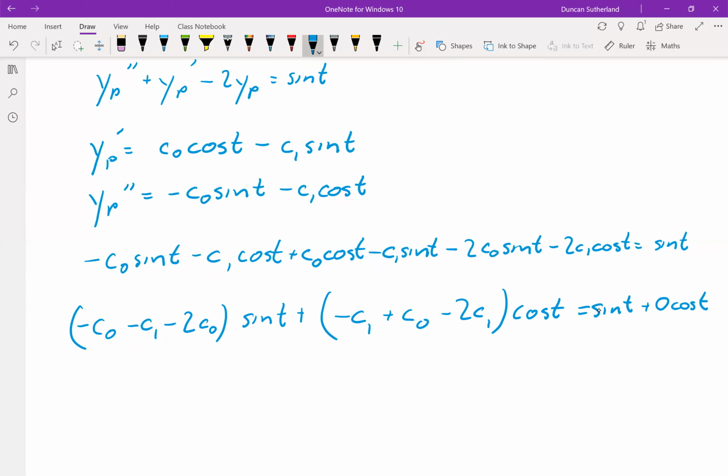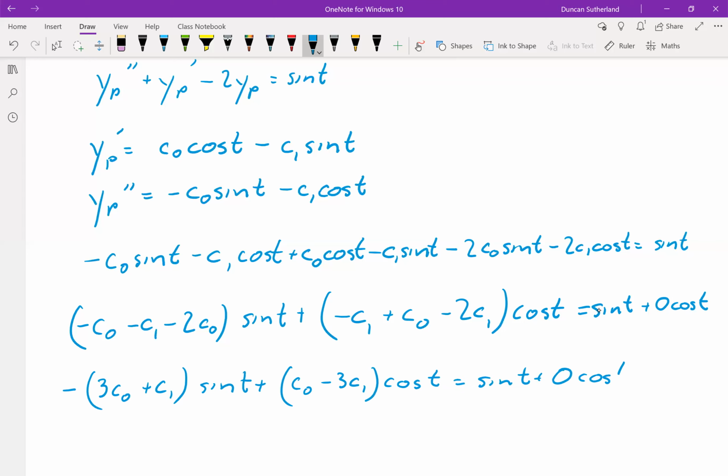We're going to introduce the zero cos term because we need to equate cosines with cosine and sines with sines. We can actually simplify this just a little more. Let me just check if I'm correct.